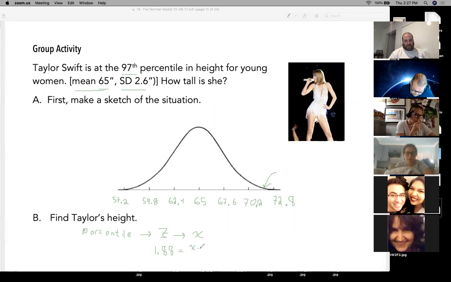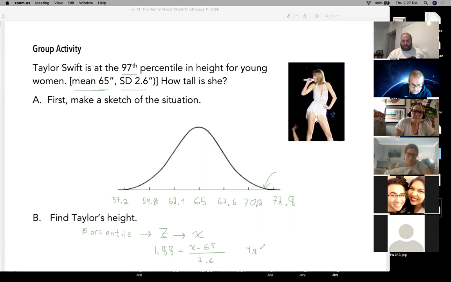X minus 65 over 2.6. And then you multiply each side by 2.6. So I get 4.89 equals x minus 65.